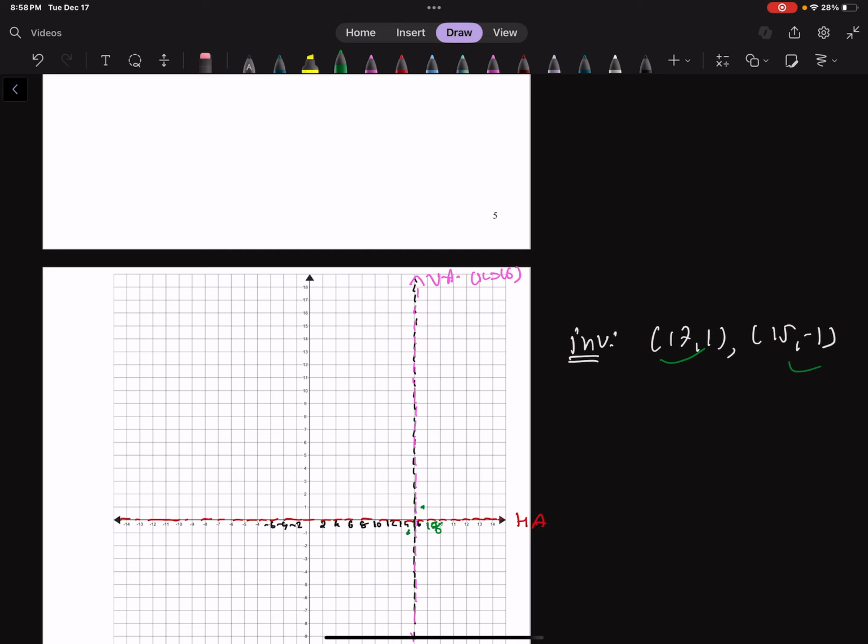So we know where the curve goes. Remember, we are making a curve which approaches the asymptote but never crosses it.